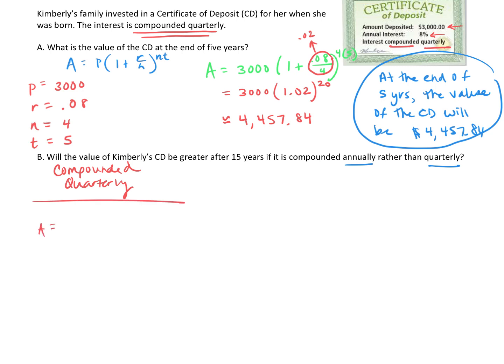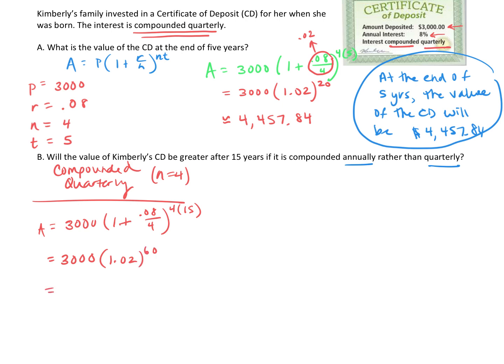A equals, the principal is 3,000 times 1 plus 8% divided by, compounding quarterly is when N equals 4. But now it's 4 times 15 years. So we couldn't just take our answer from above because we changed our number of years. So 3,000 times 1.02 raised to the 60th power.